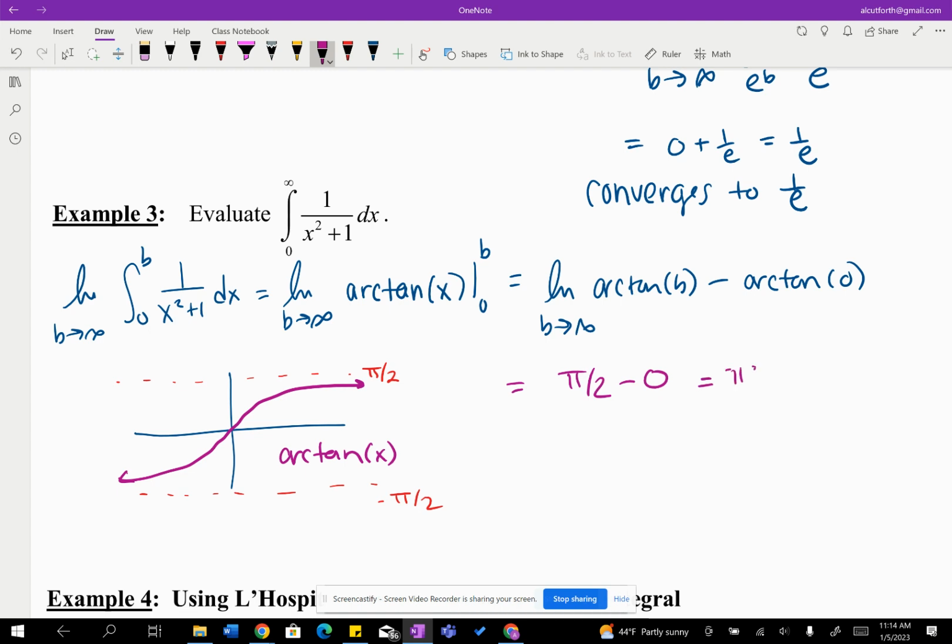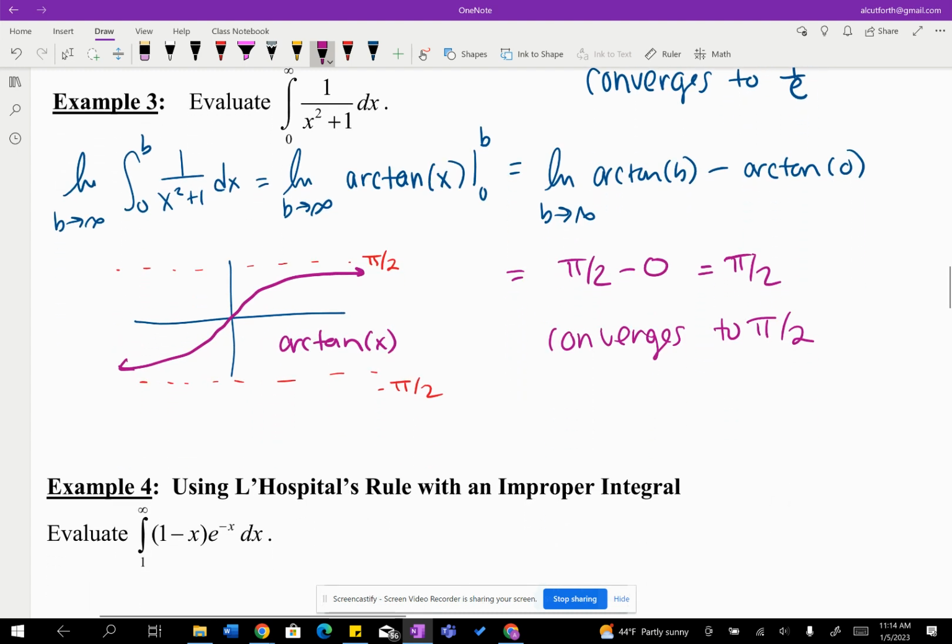So this converges to pi over 2. Not so bad so far, with the exception of arctangent being thrown in there.